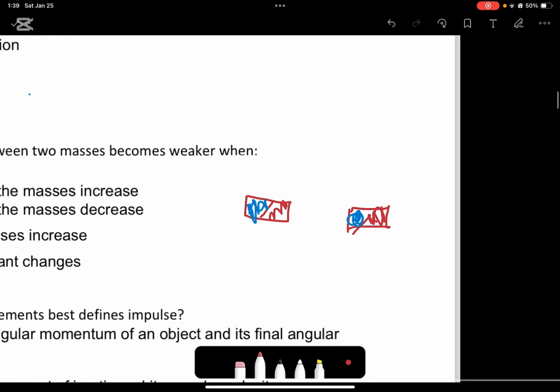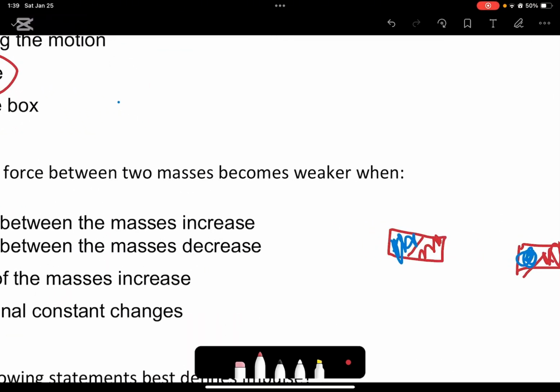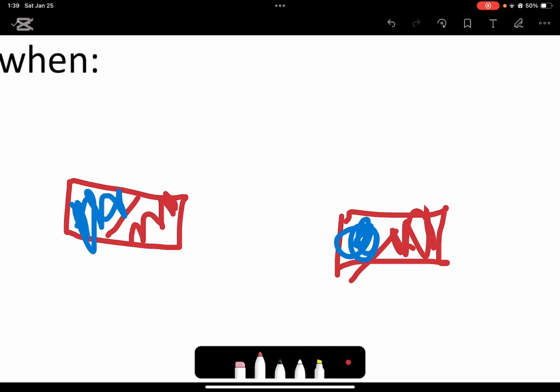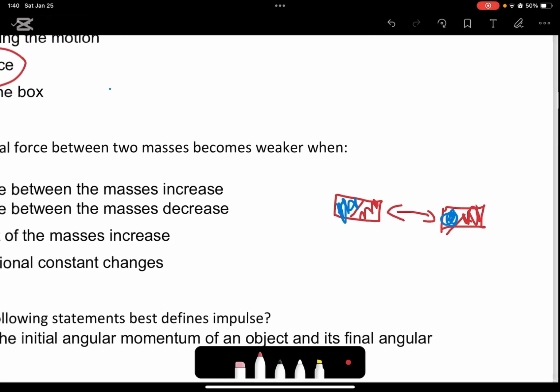So yeah, when does the force become weaker? Look, I put the opposite poles so they can just stick to each other if they were close. So when does the gravitational force become weaker? Is it when they go beside each other and stick to each other, or when they go farther away from each other?